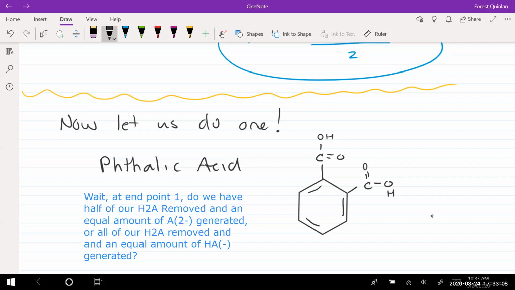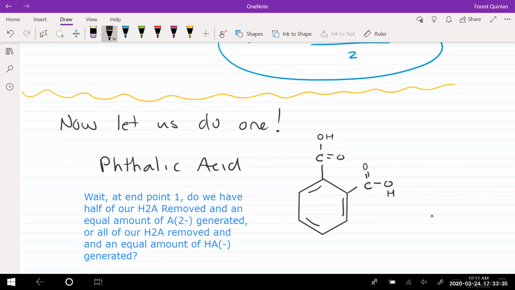If anyone is too shy to speak or doesn't have a mic, use that little Blackboard thing and type it in there. So that first endpoint, we've only removed half of the H2A and generated the exact same amount of A2 minus. That's why we're able to get rid of them.